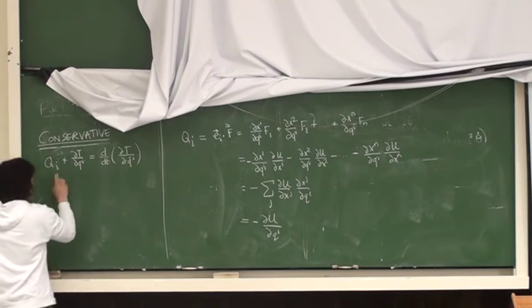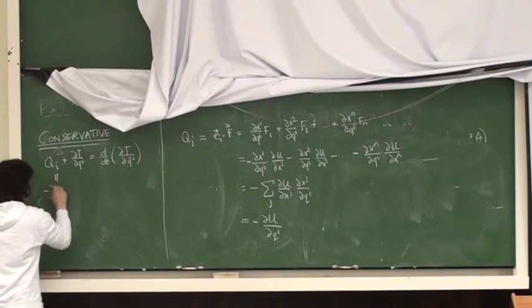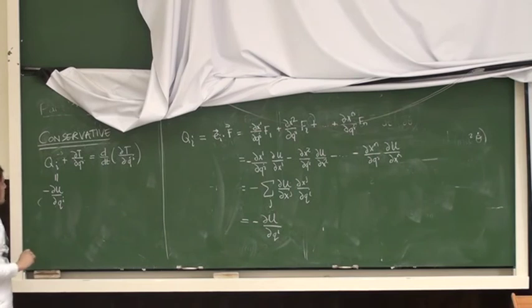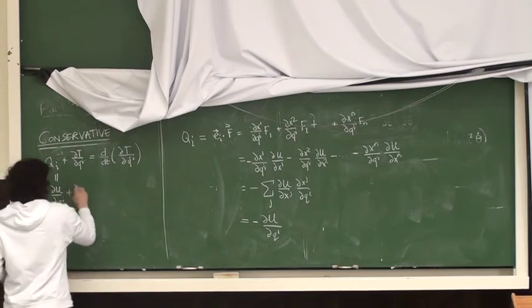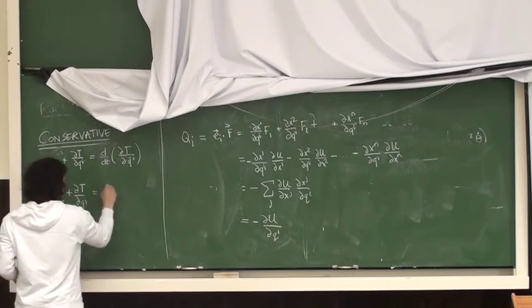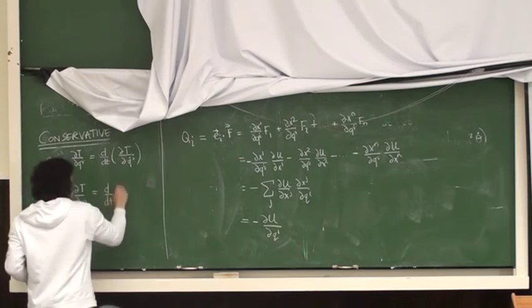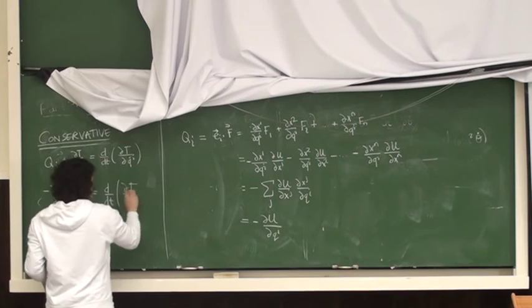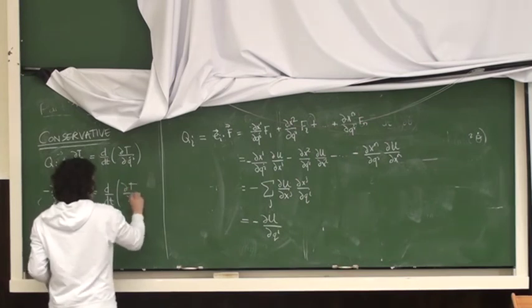So I can write this out as minus ∂U/∂q_i plus ∂T/∂q_i is equal to d/dt of ∂T/∂q̇_i.